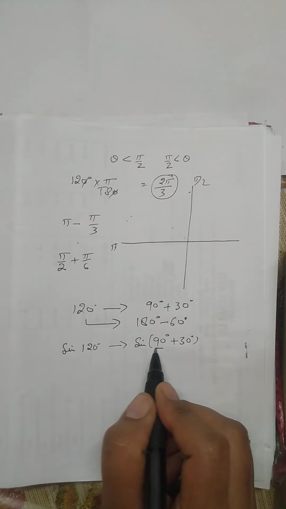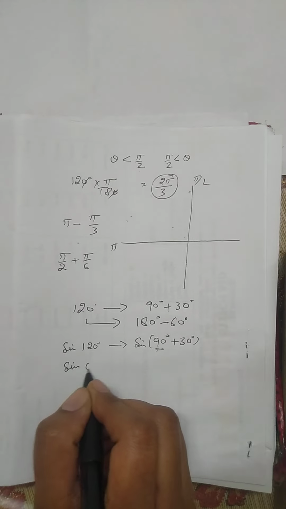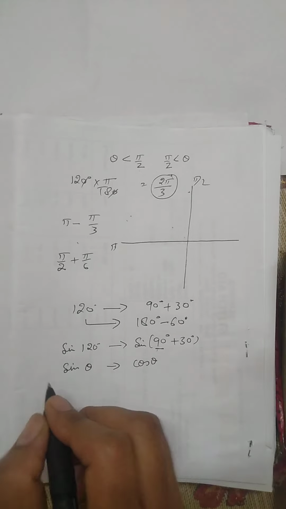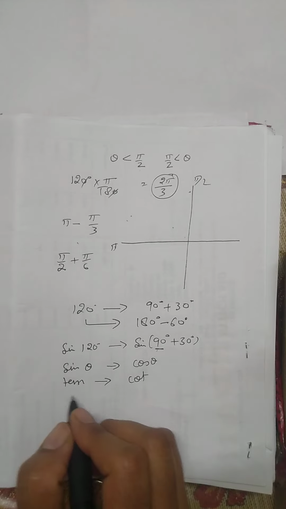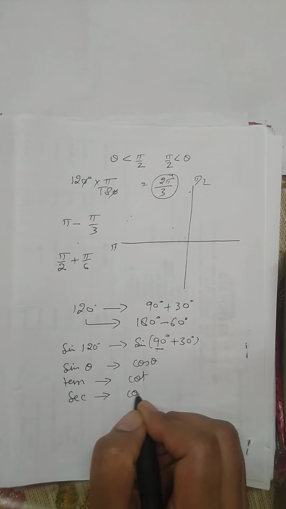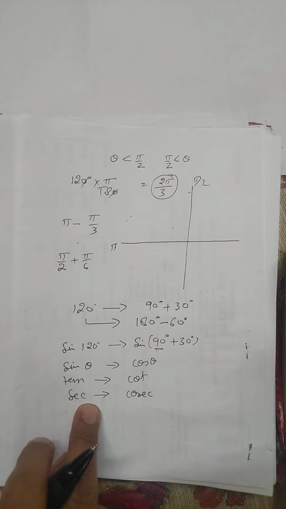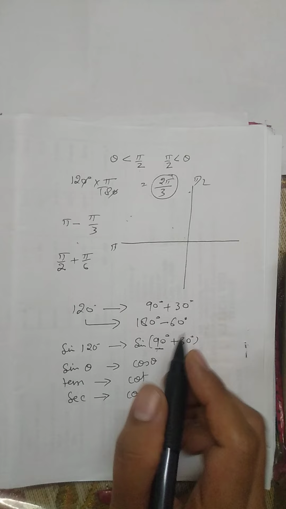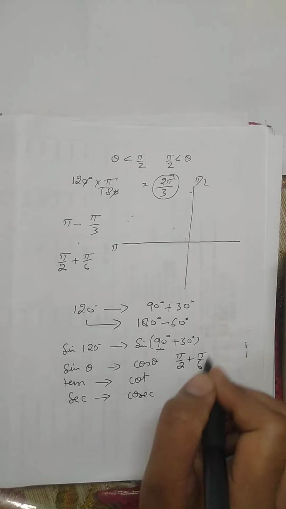Then sine theta will be converted to cos theta, tan will be converted to cot, sec will be converted to cosec. This type of conversion will be there if we are taking our angle with 90 degree. 90 degree means pi by 2. This is pi by 2 plus pi by 6.